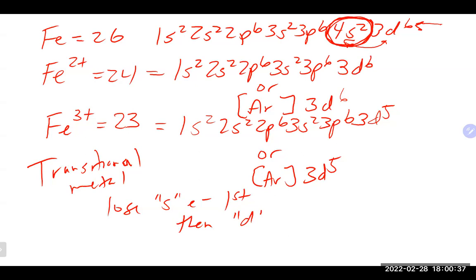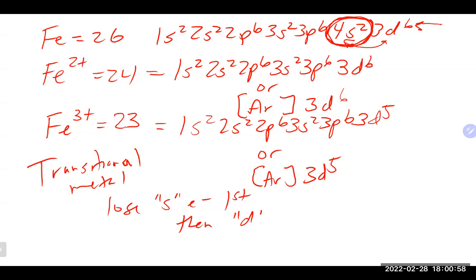They again will usually never get back to a noble gas configuration because they would have to lose a lot of electrons to get there. So they're slightly different in what happens with transition metals. They typically will lose those s's first, and then if necessary, they will go into the d ones.